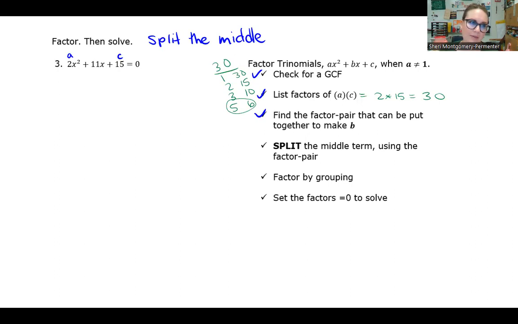Now we're going to split the middle term. So what this looks like, I didn't do anything to the first. But what I'm going to do is I'm going to rewrite that middle term as plus 5x and plus 6x.